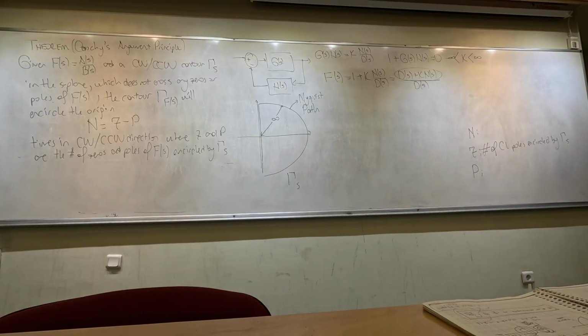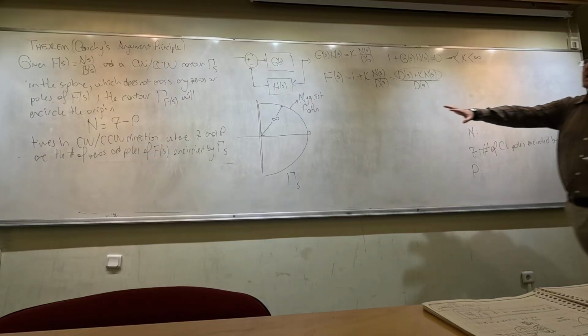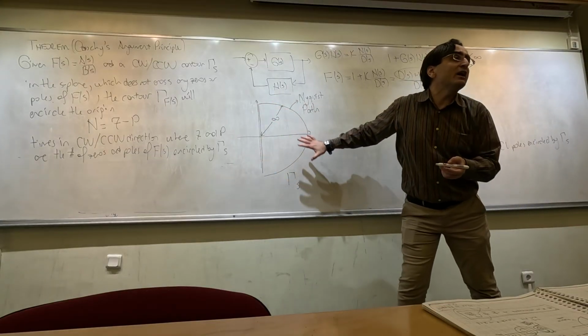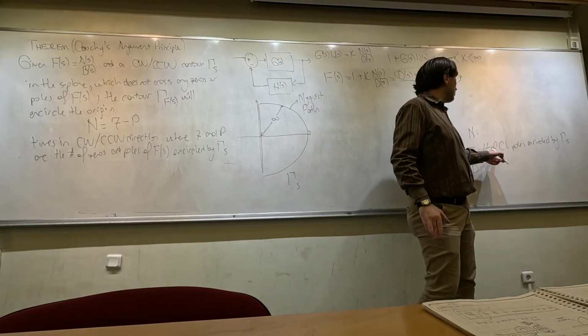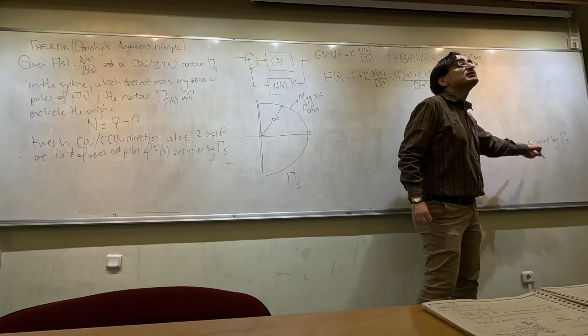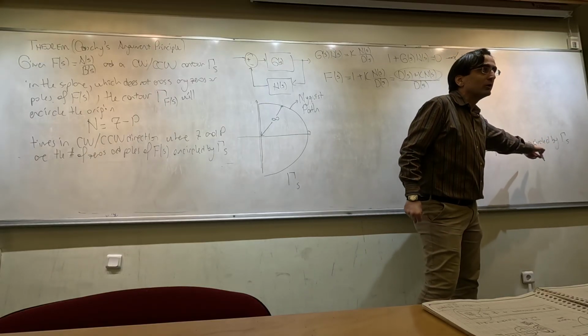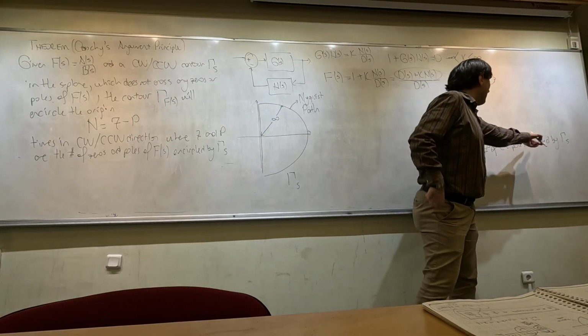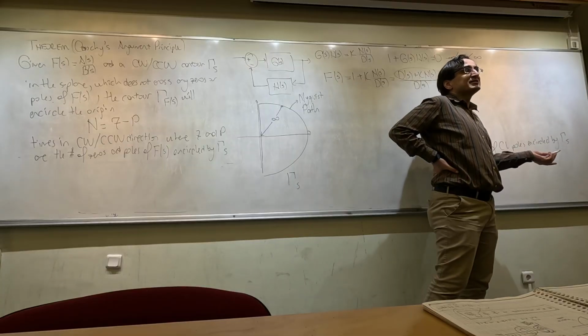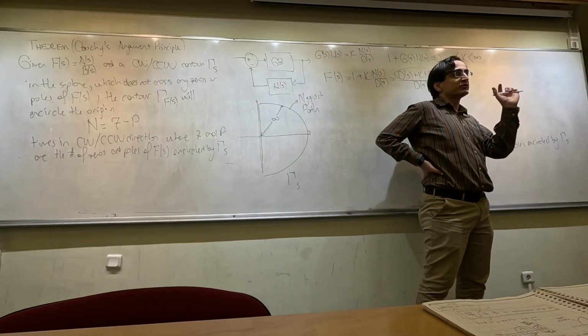Z is the number of zeros of f of s encircled by gamma s, and here Z is going to represent the number of closed loop poles encircled by gamma s. Because gamma s covers the whole right half plane, this is actually going to be the number of unstable closed loop poles. And we want that number to be equal to 0 for stability.